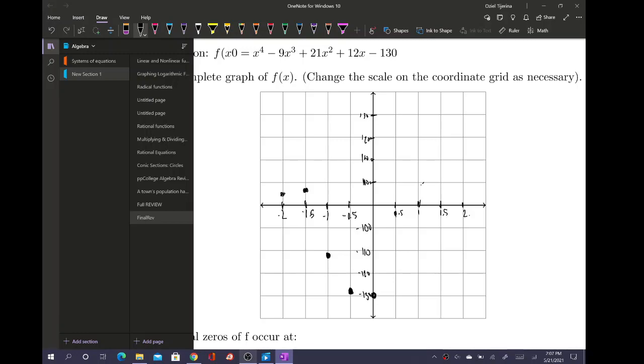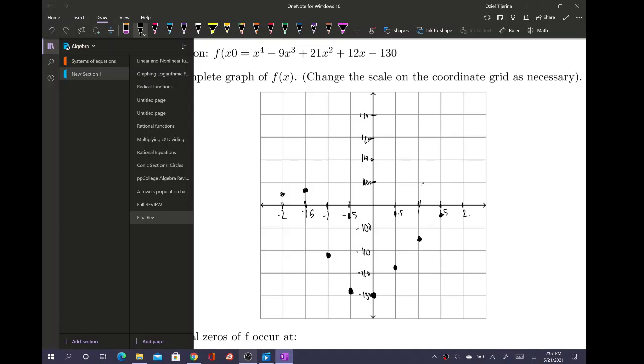So basically when x equals 0.5, y equals negative 119, so it'd be right here. And then when x equals 1, y equals negative 105, so it'd be right over here. And then when x equals 1.5, y equals negative 90, so it's right over here.